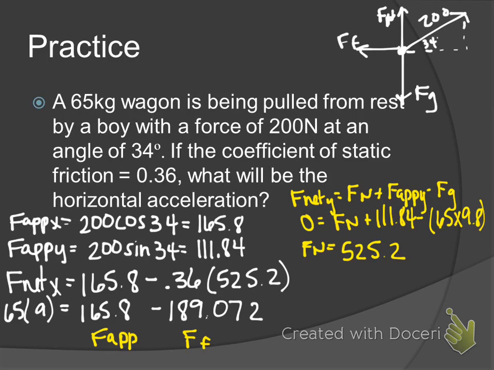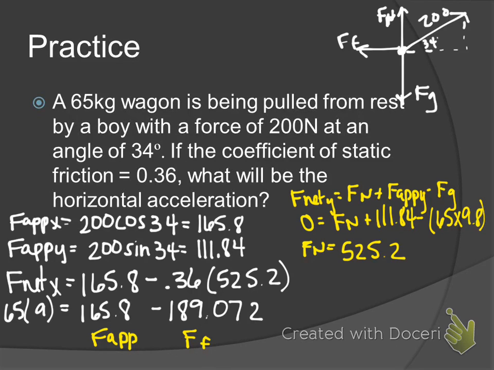So take a look at the big picture here. Look at our applied force, 165. Our frictional force is 189. Is our box going to move at all? No. So we don't even need to bother solving for the acceleration once we determine that our frictional force is greater than our applied force. So our acceleration here is 0. It's not a negative. We just say the box won't move.